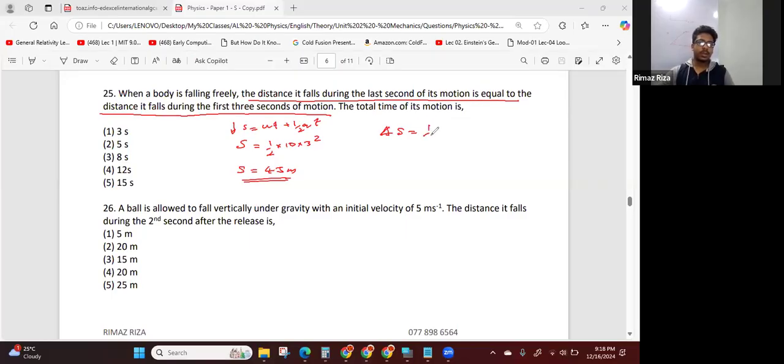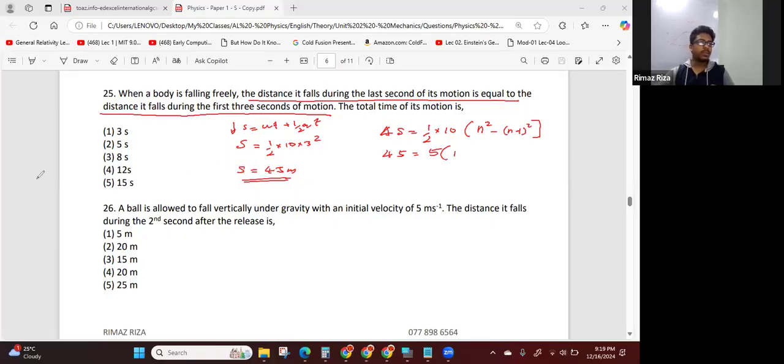So we can write half into 10 into, let's say the last second is n, and therefore the previous second is n minus 1. So 5 into n square minus n minus 1 square. Okay. So delta S is 45 equals to 5 times n.